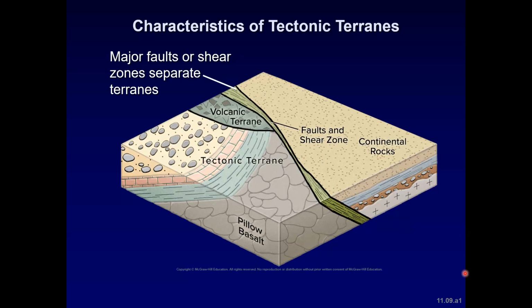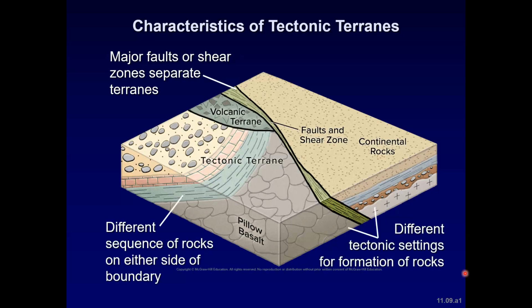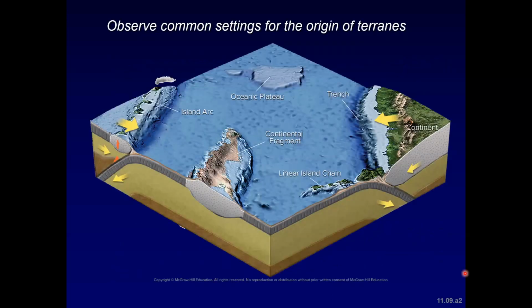And then adjacent terrains can have different fossils, rock chemistry, and metamorphic and igneous histories. And those terrains generally form in different tectonic settings. Alaska is our great sort of nearby example for a continent that's just a bunch of terrains squished together.